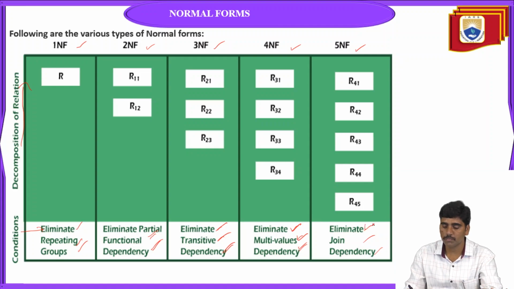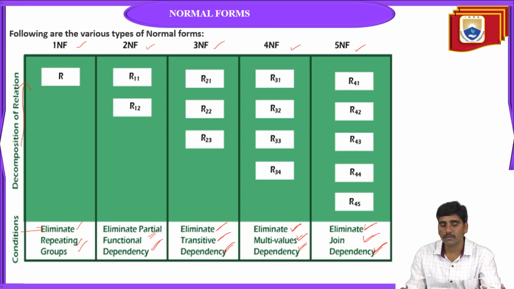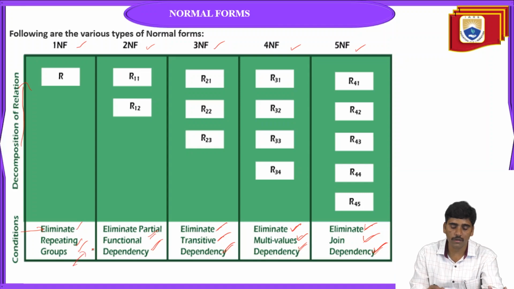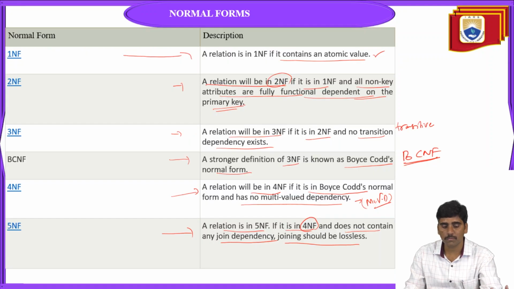For the fifth normal form, eliminate join dependency. To say that the data is in a normal form, you have to satisfy these constraints.